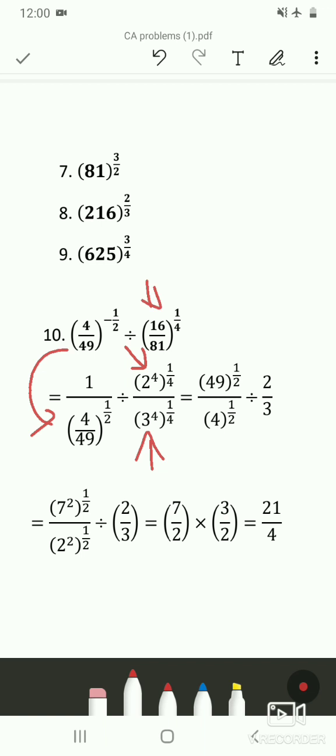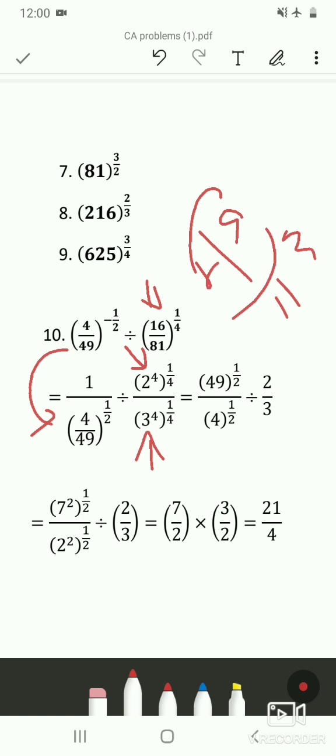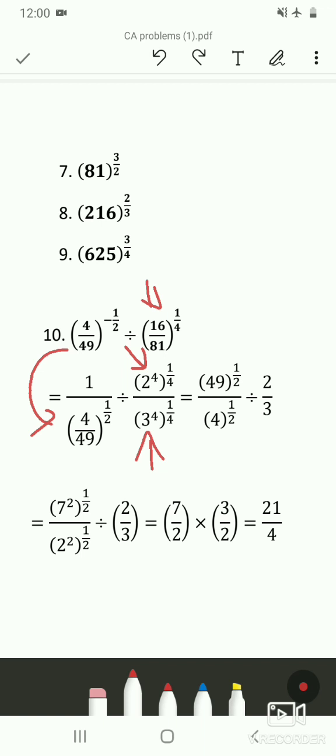And again we have used the fifth law, that is a upon b whole power m can be written as a power m upon b power m. So we have used that law for the second term. So we'll get 2 raised to 4 whole raised to 1 upon 4 divided by 3 raised to 4 whole raised to 1 upon 4. So this is the first step.